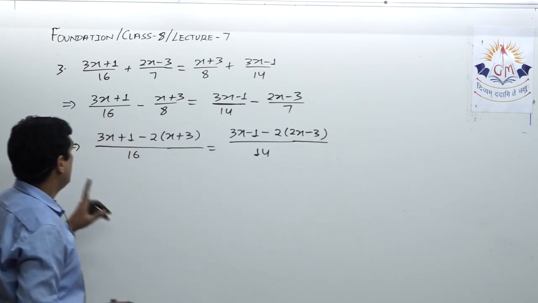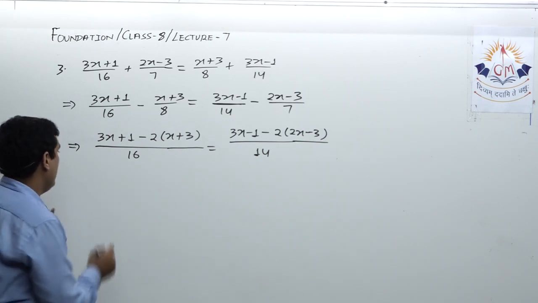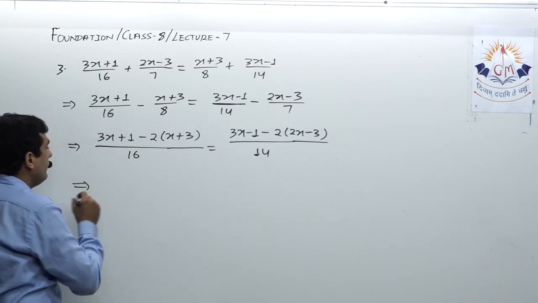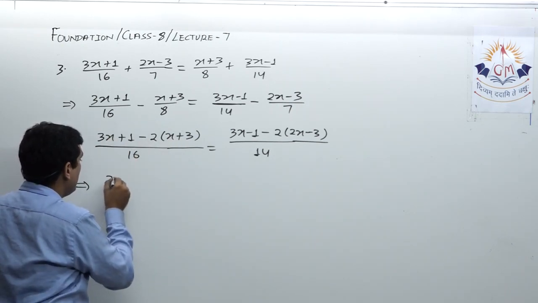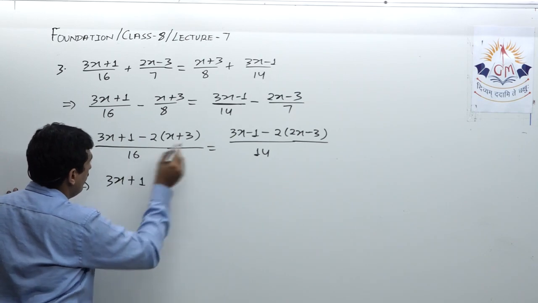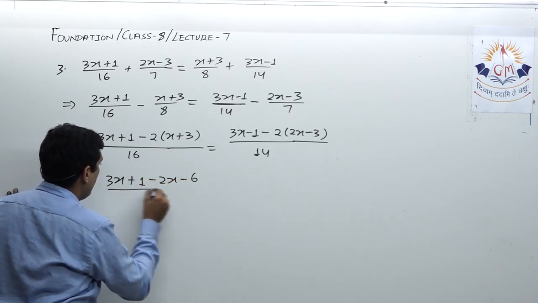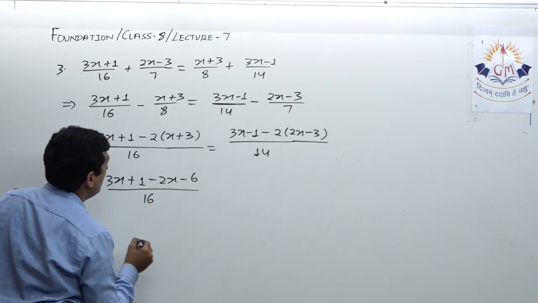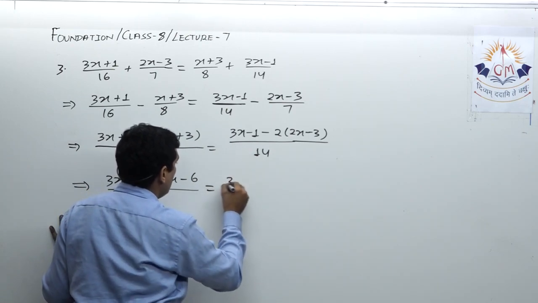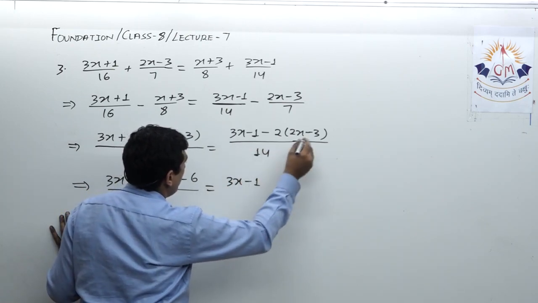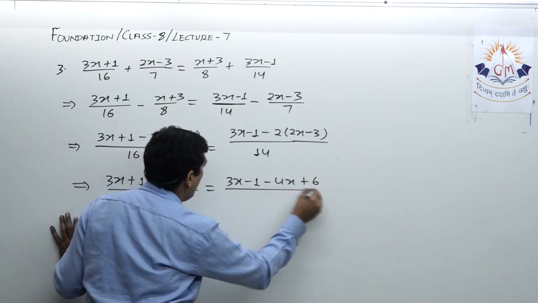Just by doing this I definitely saved at least 1 minute, and this 1 minute is very important. Now if I solve it further, this is 3x plus 1, on opening the bracket, minus 2x minus 6, divided by 16 is equal to 3x minus 1, and opening the bracket, minus 4x plus 6, divided by 14.